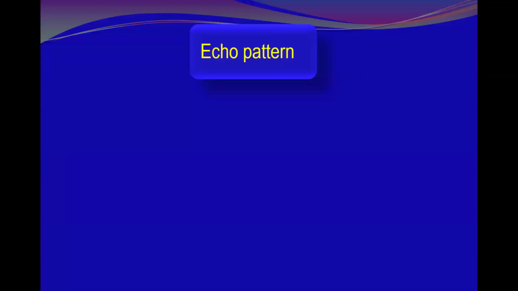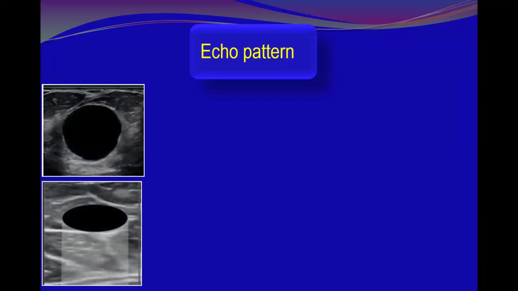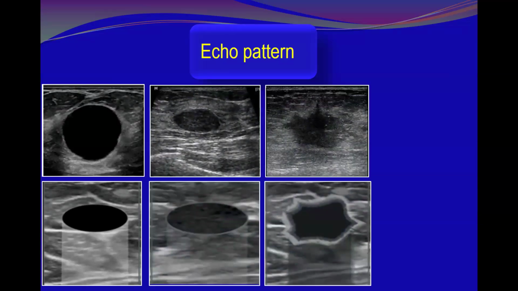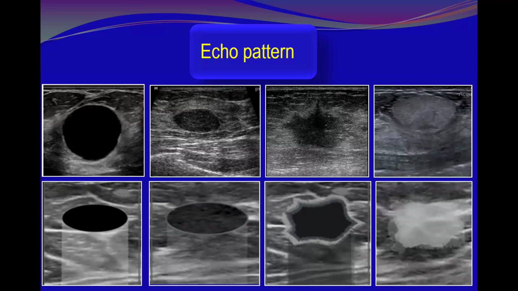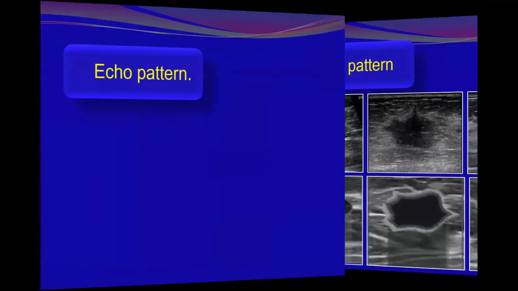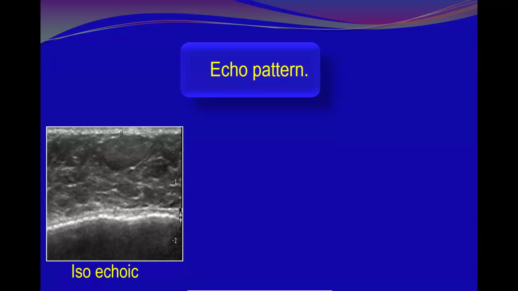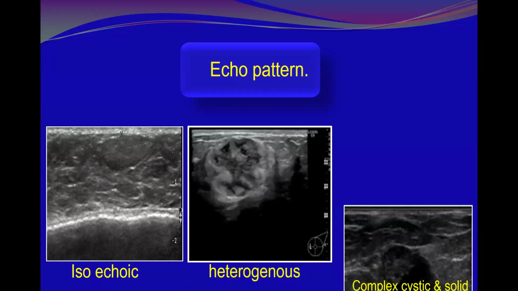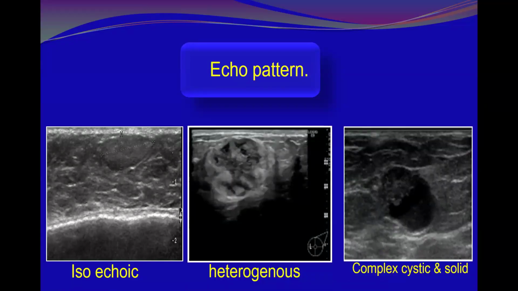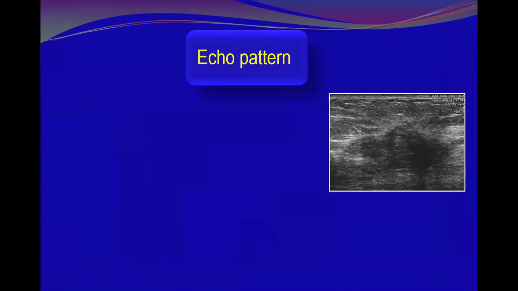Okay? So this is regarding echo pattern. Here, this is anechoic. Both are hypoechoic. One is a fibroadenoma, the other was cancer, and this is hyperechoic. This is isoechoic, heterogeneous echo pattern, and complex cystic and solid.